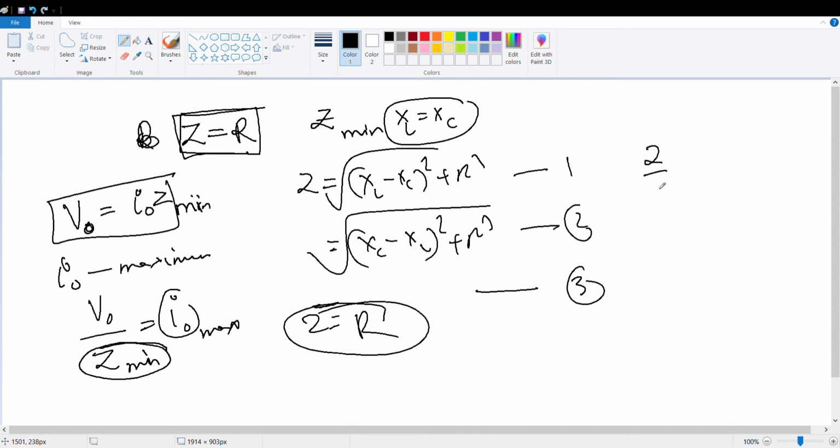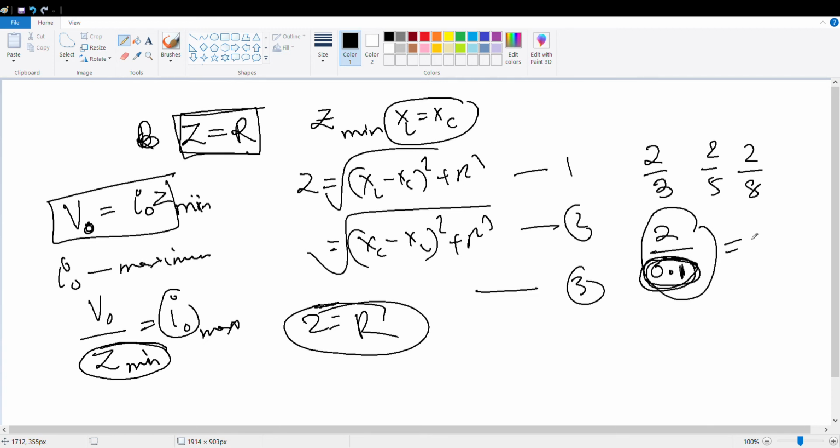If you take a fraction, 2 by 3, 2 by 5, 2 by 8, but if I have 2 by 1.1, I am making the denominator smaller. If you make the denominator smaller, the overall number becomes more. Similarly, when your Z is minimum, your I naught is maximum. That means maximum current flows at F naught.